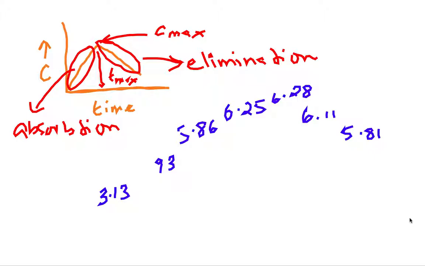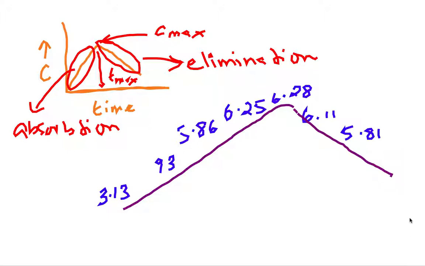Do you see what was happening there? The plasma level increased as the absorption proceeded, and when the absorption stopped, there was no more rise, but rather a fall in concentration.